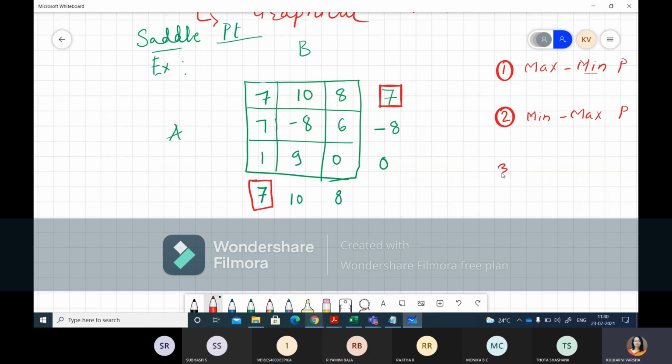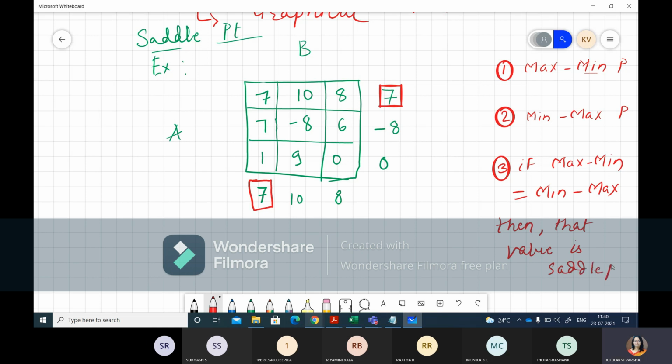Now what is the third step? It says if your maximin is equal to your minimax, then that value is the saddle point. Here this is our maximin and this is our minimax, and both are 7.